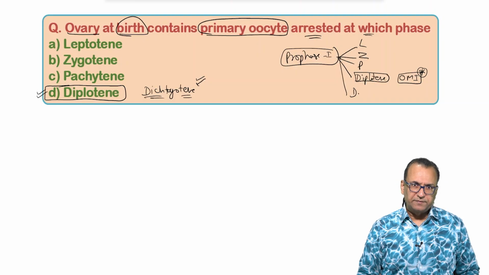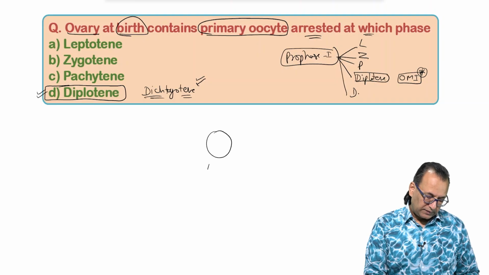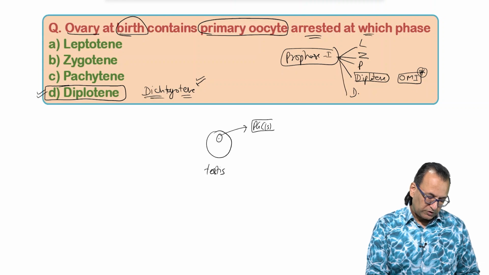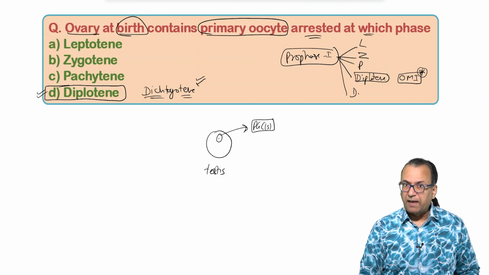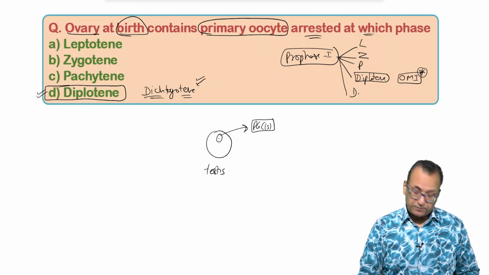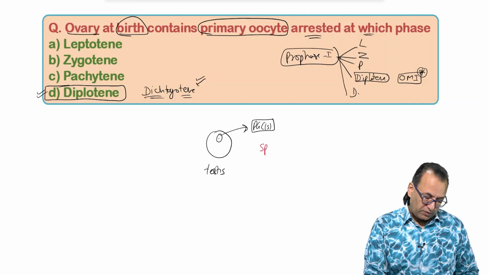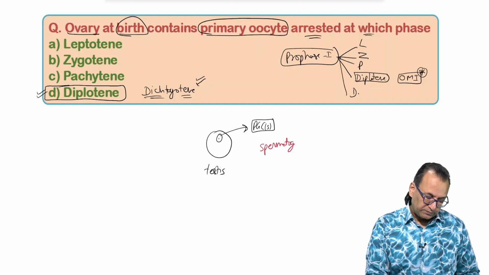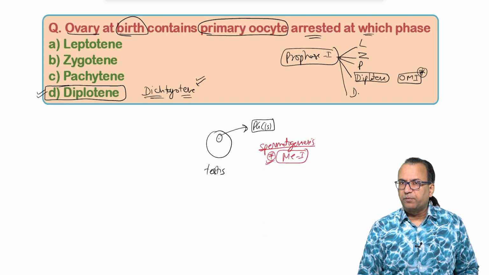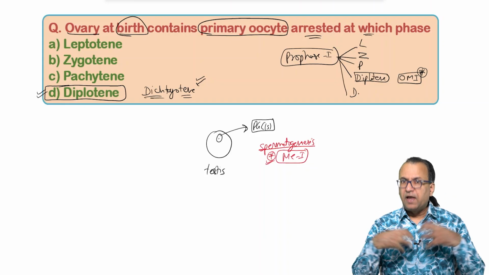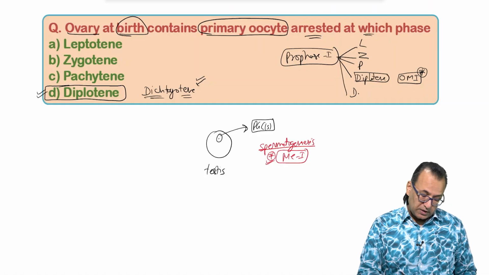But what about the males? What do you find in the testis at birth? If you look at the testis at birth, you will find there are only primordial germ cells. They have not started the process of gametogenesis, spermatogenesis. So remember, in a male, spermatogenesis means meiosis, because oogenesis and spermatogenesis are basically the processes of meiosis in which haploid gametes are produced.